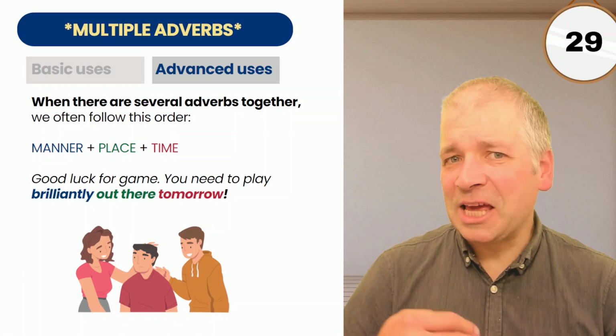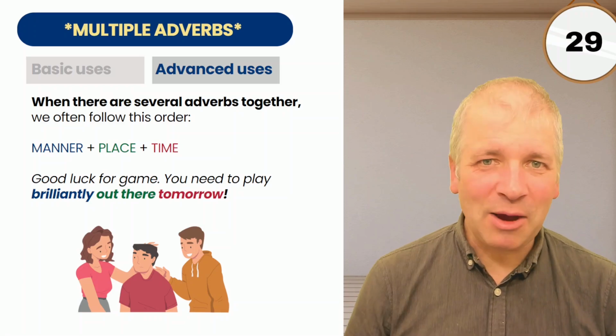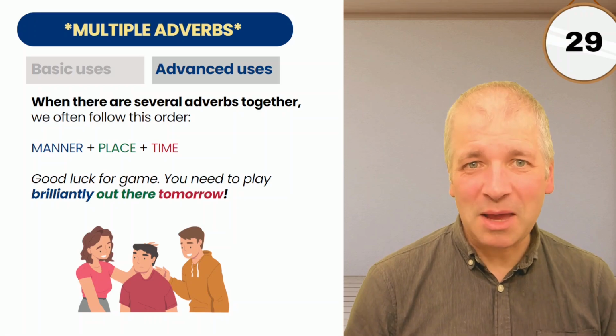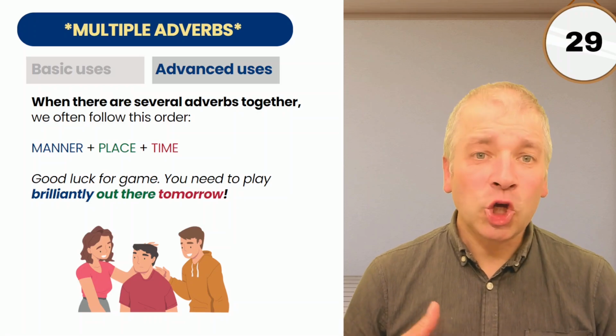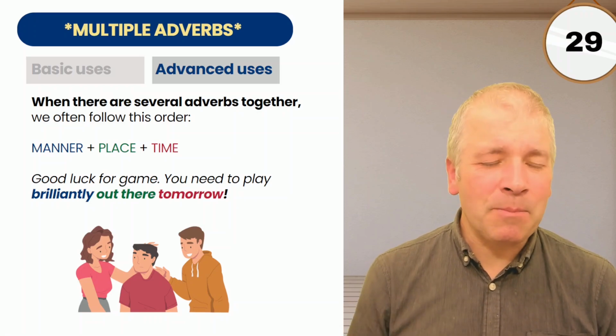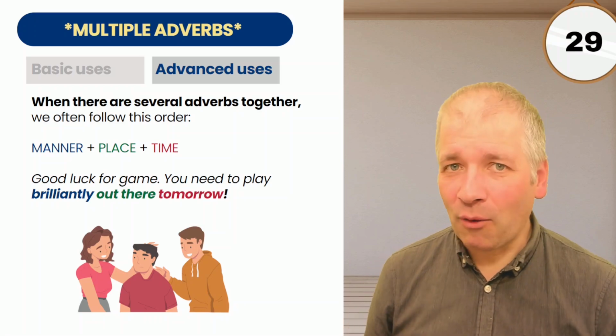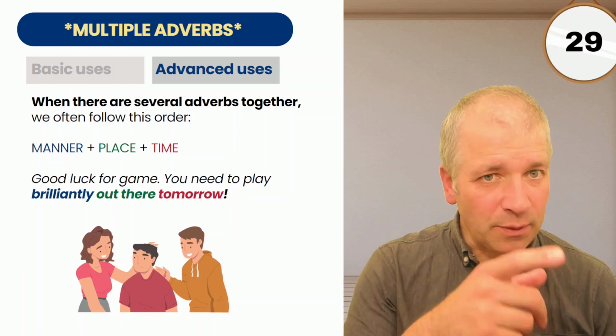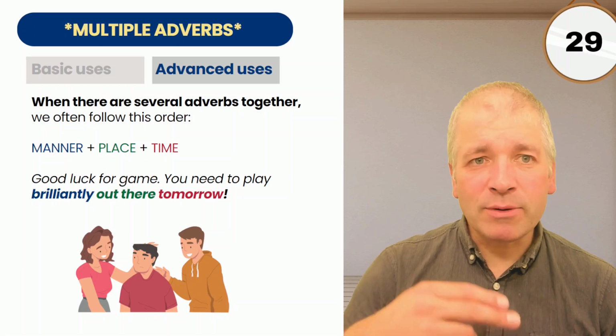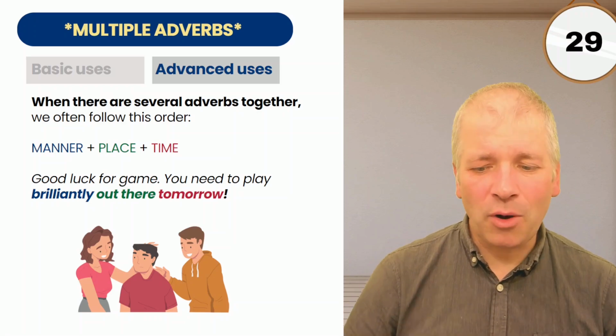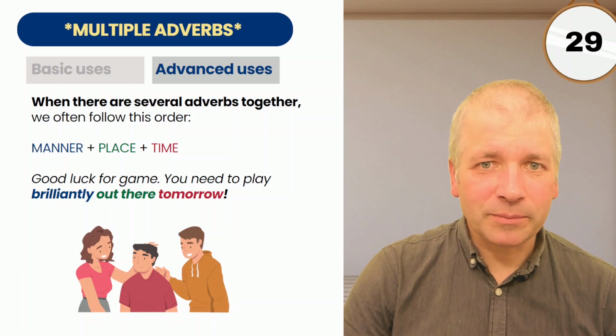Here's someone being encouraged about a game they're going to play tomorrow, perhaps a competitive game, and the 2 people say, good luck for the game, you need to play brilliantly out there tomorrow. So brilliantly is the manner adverb, out there is the place adverb, and tomorrow is the time adverb.